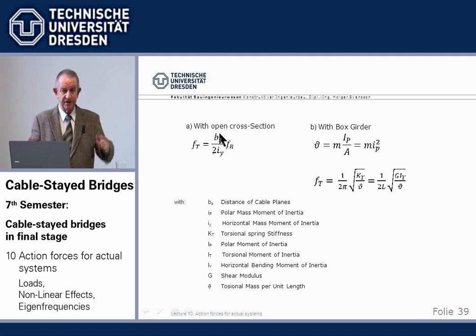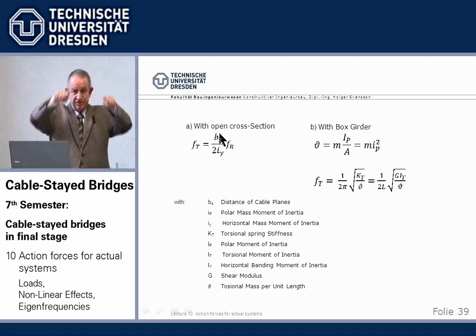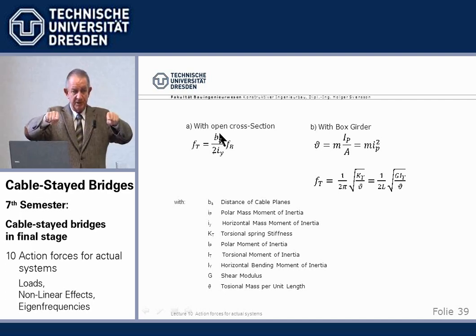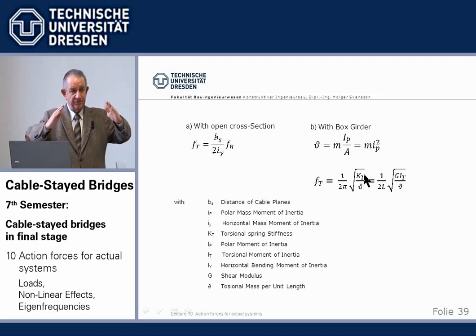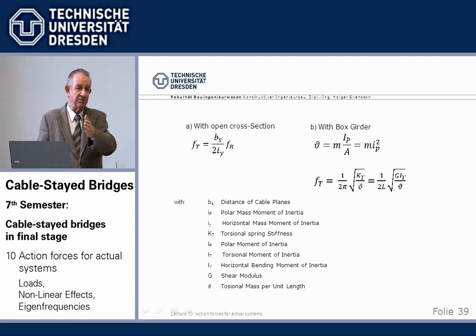We just do as if only the two outer cable planes act as a couple and keep the beam from collapsing. And if we have a box girder, then we neglect the support of the two outer cable planes. These are approximations always. And we just calculate as if we have a central cable plane only.